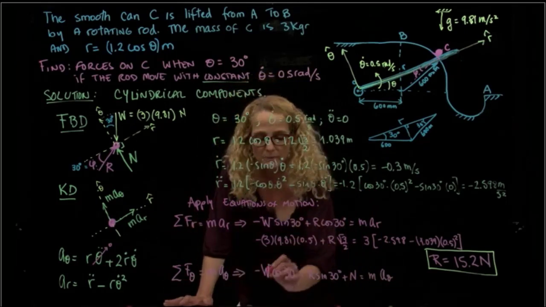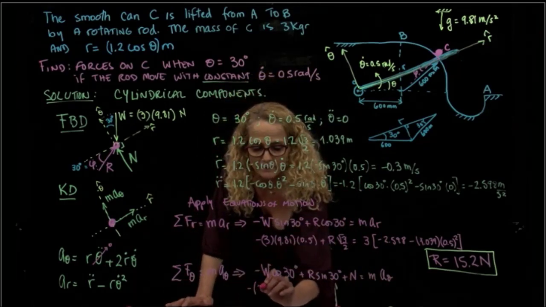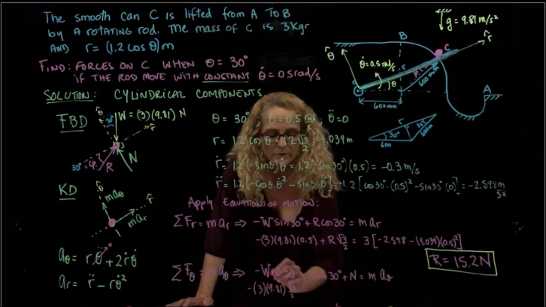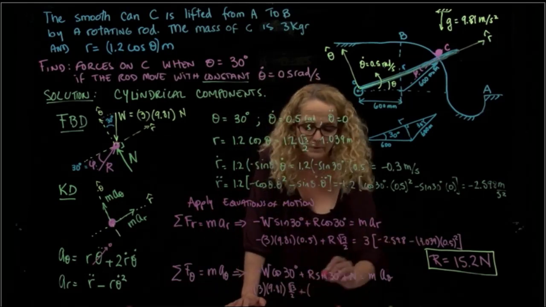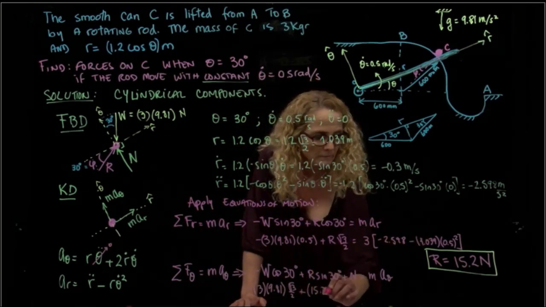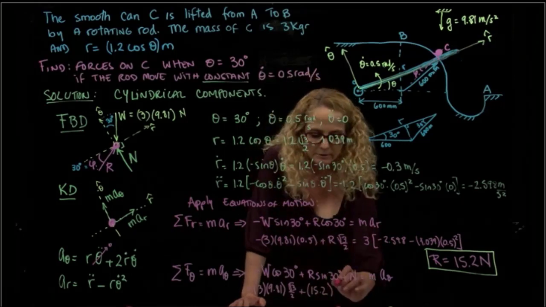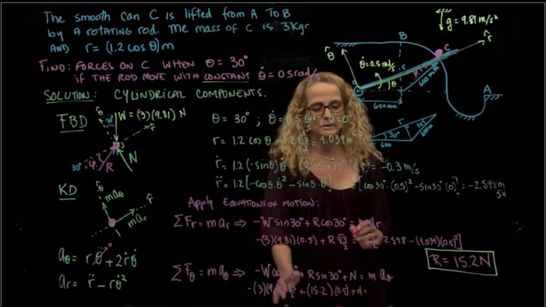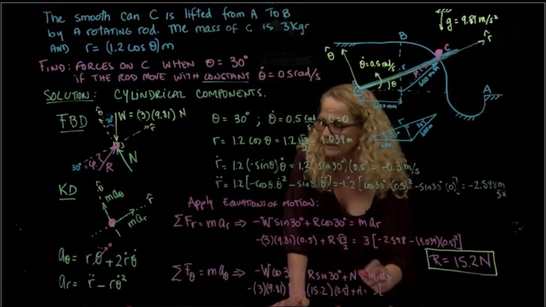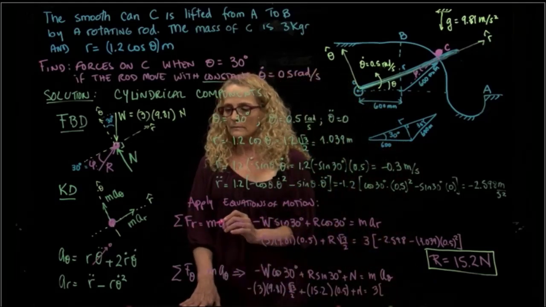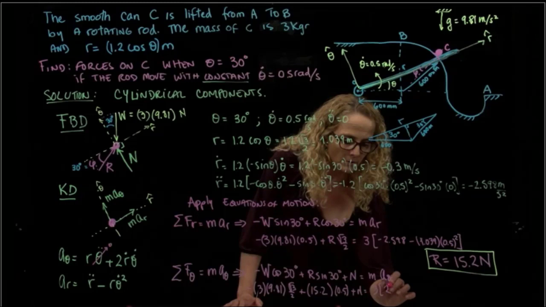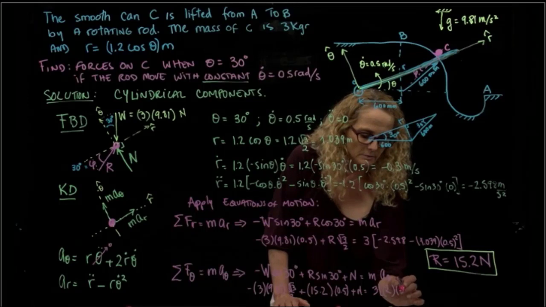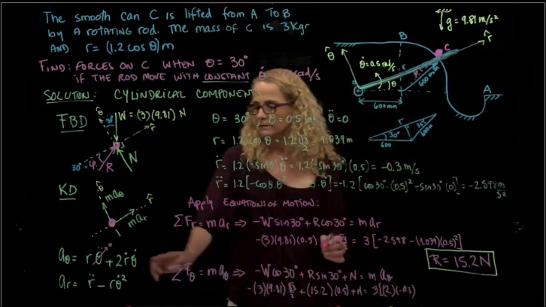So if we plug all those numbers, we have negative 3 times 9.81 cosine of 30 is square root of 3 over 2, plus R, we can actually plug that number that we got already, sine of 30 is 0.5, and then plus N that we don't know how much it is, that's what we are looking for, times 3, and then we got theta, which is 2 times r dot is negative 0.3 times theta dot.